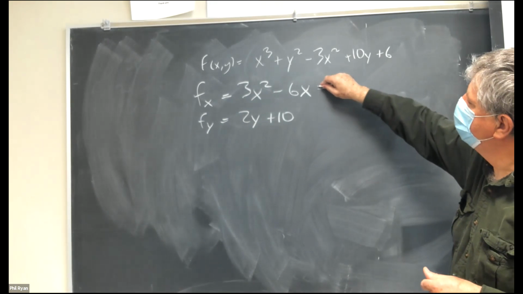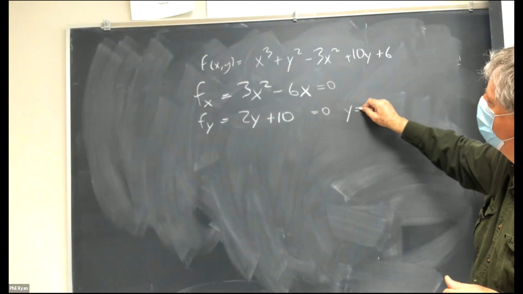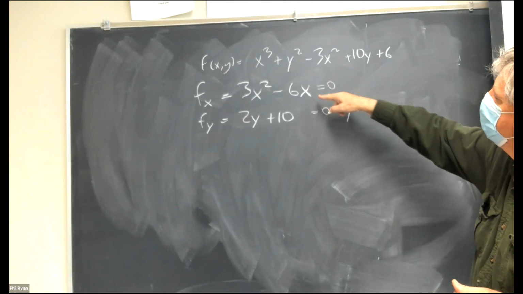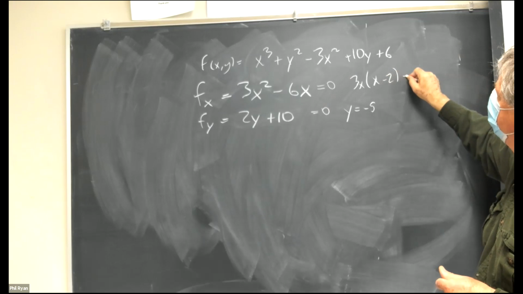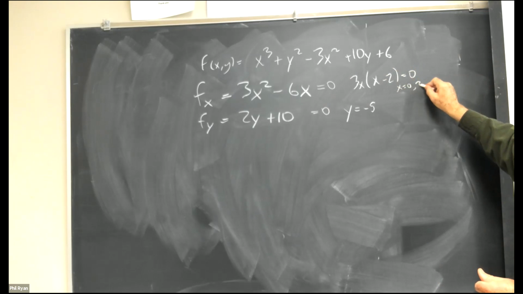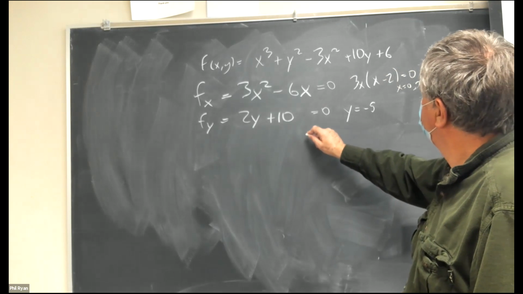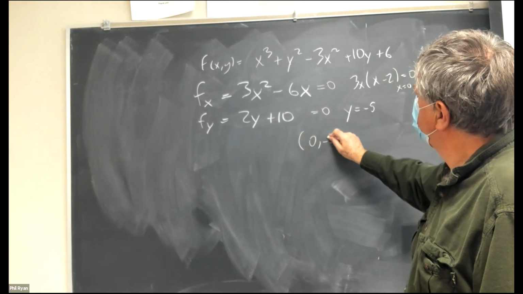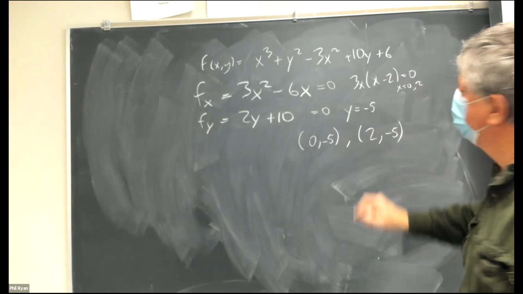Okay, so we set those equal to 0. This tells us that y equals minus 5. This one, 3x times x minus 2 equals 0, so x equals 0 or 2. So now we've got two critical points: 0, minus 5, and 2, minus 5.